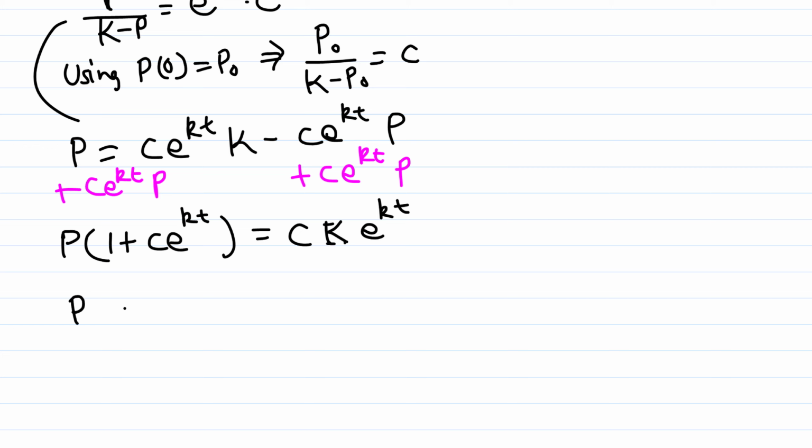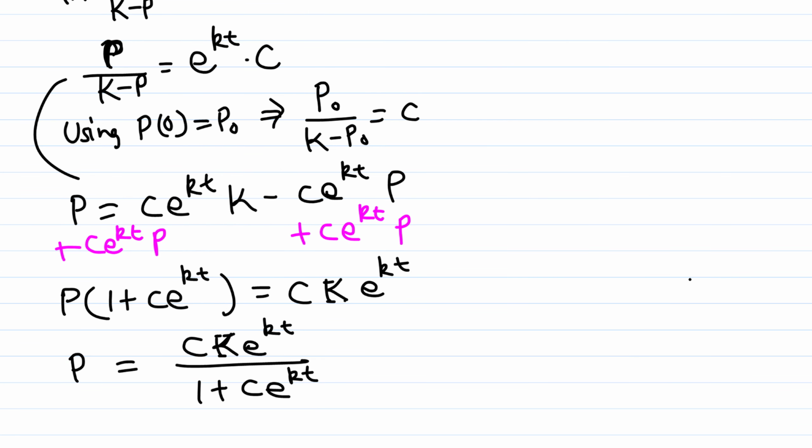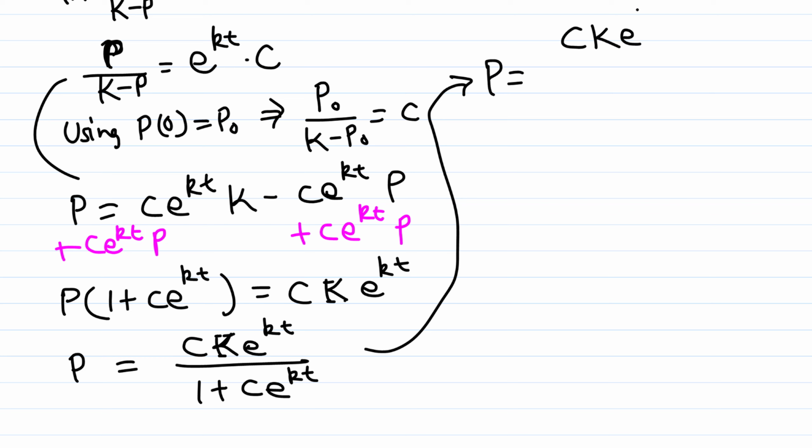Now P is isolated, so P is C K e^(kt) over 1 plus C e^(kt). We can simplify this. So let's divide top and bottom by C and e^(kt). So P equals C K e^(kt) dividing by C and e^(kt).